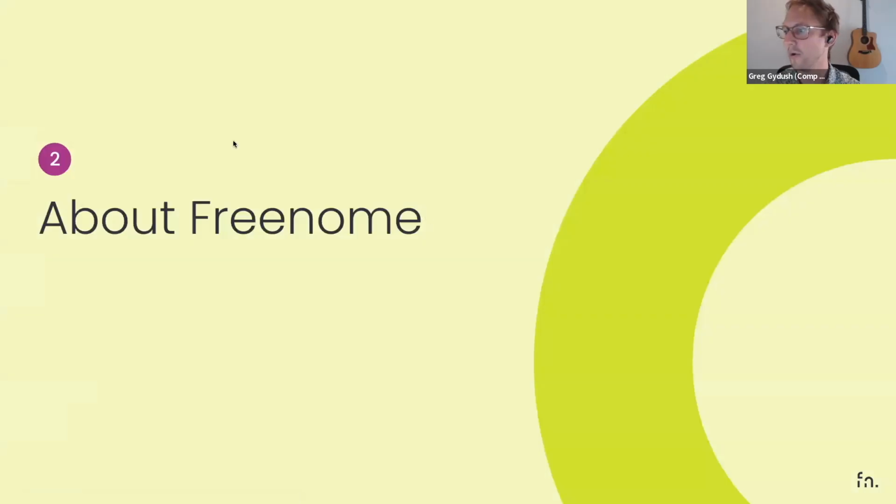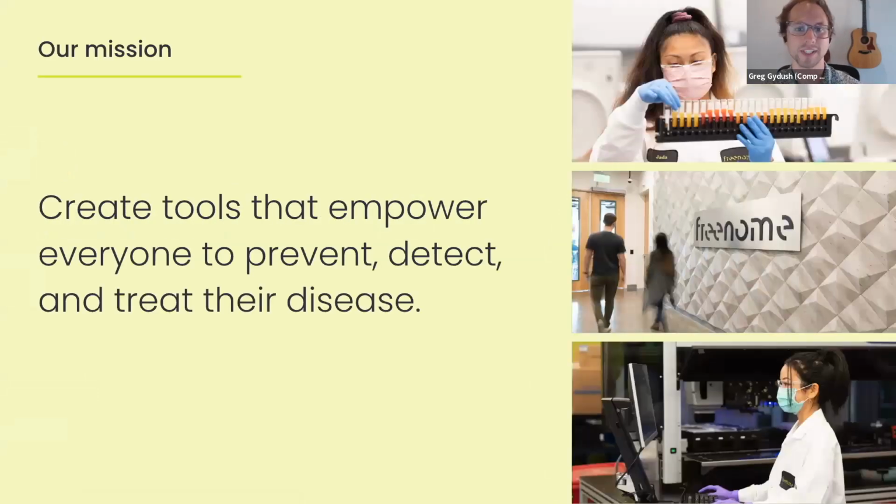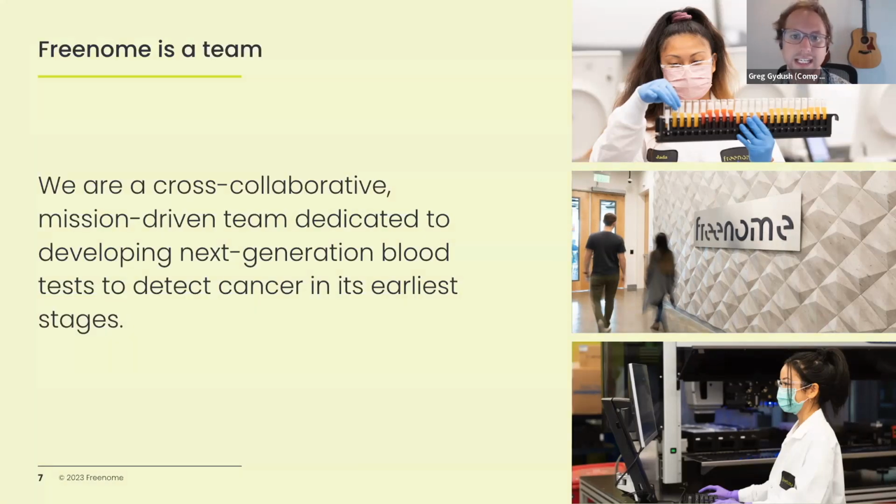Great. So now we can talk a little bit about Freenome, which is a place that I've been working for, I'm coming up on my 3-year anniversary, so it feels like forever, pretty crazy. But yeah, Freenome was founded in 2014 with the goal to create tools that empower everyone to prevent, detect, and treat their disease. So since 2014, we've actually grown from the original founders to a team of over 500, and we'll soon hit the 600 mark, which we're really excited about.